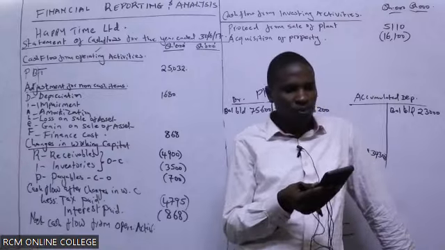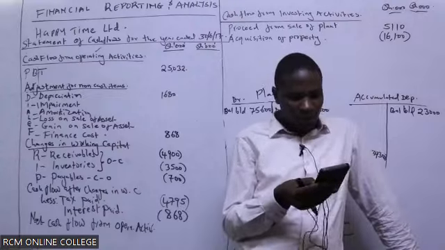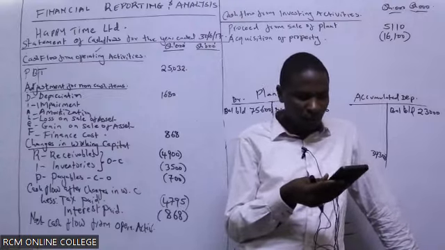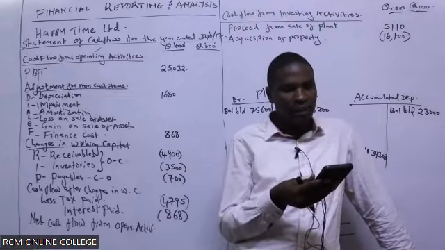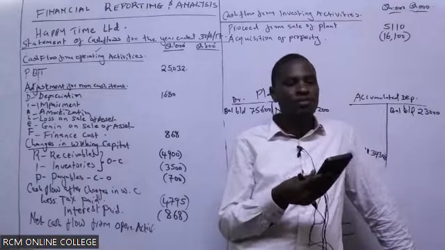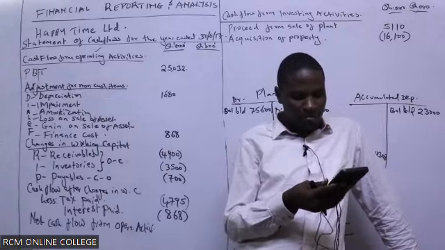So, repeating for Princess, accumulated depreciation. Just check what we have there, under additional information for plant.